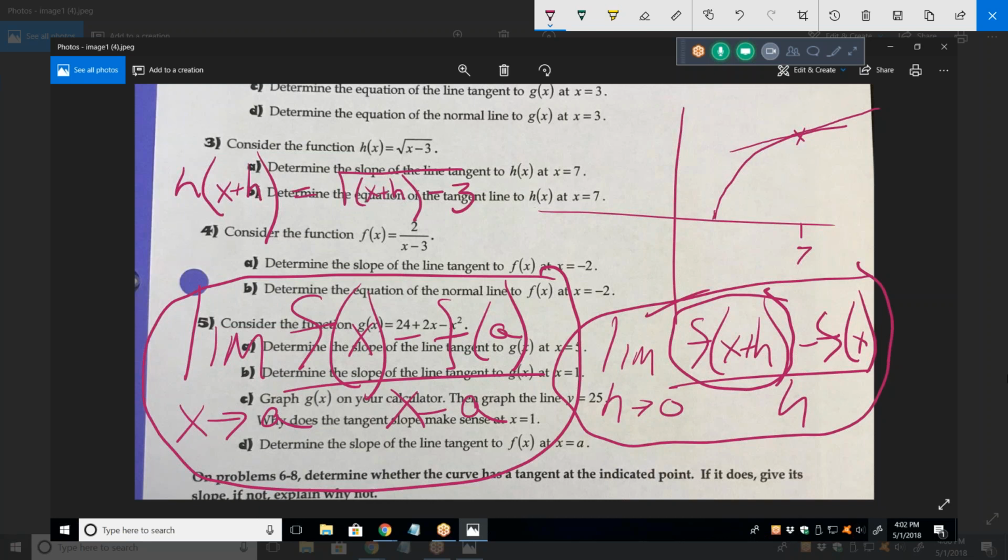And might even seem easier. It probably is in this situation. We'll go through it. But this one over here on the right is far more robust. This one on the right gives you the derivative function. This one on the left gives you only the slope of the tangent line.